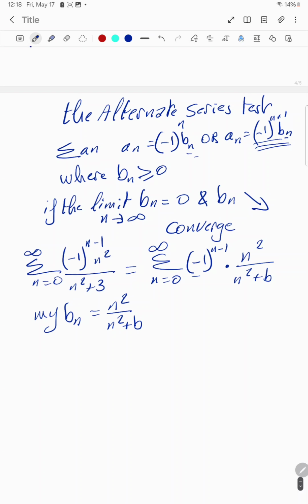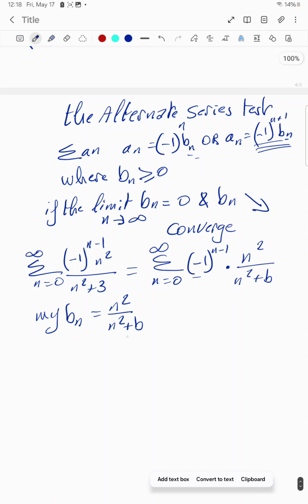And here I want to make sure that my b_n is decreasing and it is positive. We said b is greater than 0 and n is to the power of 2, so it's always positive, and b is positive in that case. So my sequence is positive and it is decreasing because the denominator is bigger than the numerator. Whatever I put in the numerator as n, there is a plus b in the denominator.